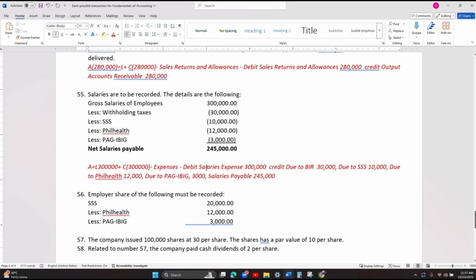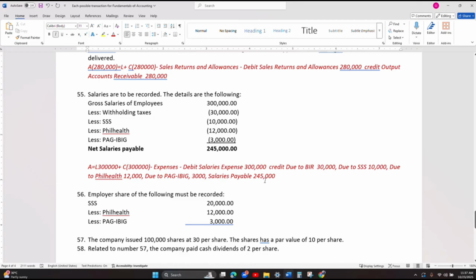That is the entry. Debit salaries expense, credit due to BIR, due to SSS, due to PhilHealth, due to Pag-ibig, and then salaries payable 245,000. Okay? So that's it for number 55.